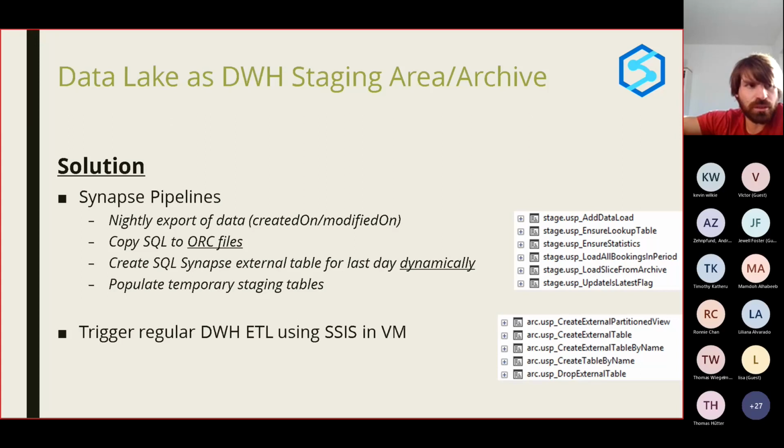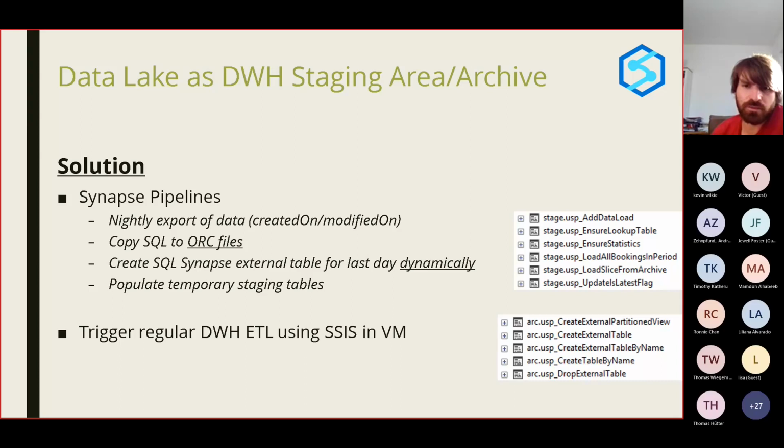First of all, we have a Synapse pipeline that copies the raw data into a data lake. And then we had a set of stored procedures, a framework that dynamically created external tables for us based on some metadata, and then allowed us to process those into a Synapse SQL pool.